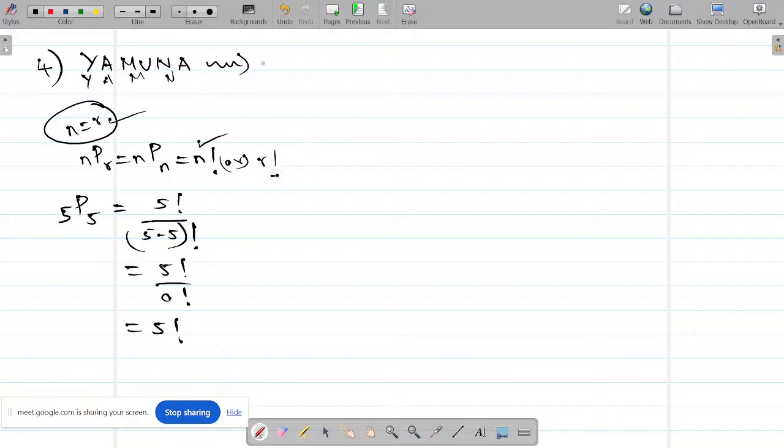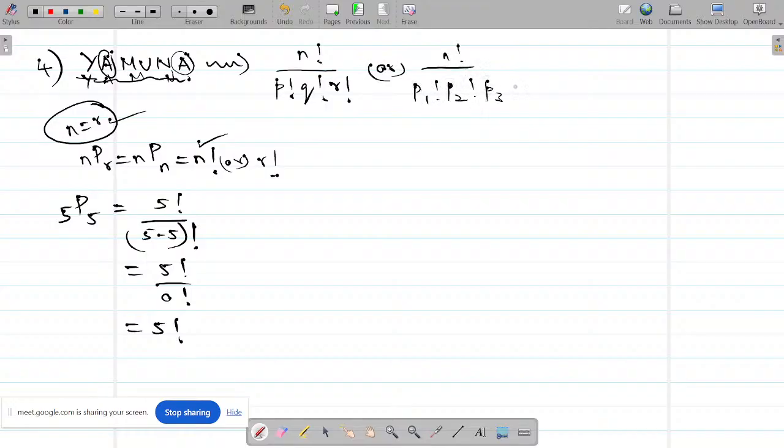But when there is a repetition, for example I got two A's in my name, the number of arrangements is n factorial divided by p factorial, q factorial, r factorial, or whatever it is. Else we can represent this as n factorial divided by p1 factorial, p2 factorial, p3 factorial.